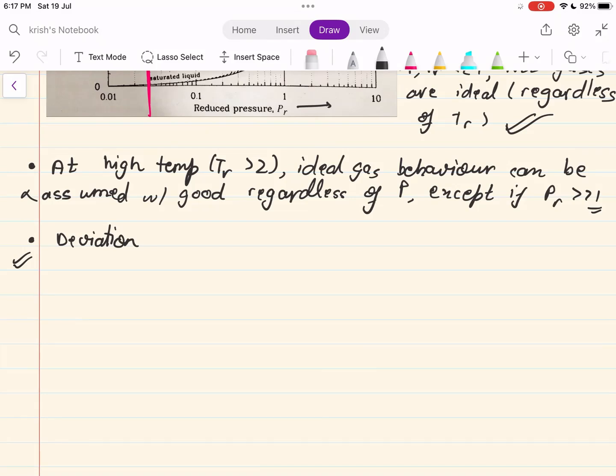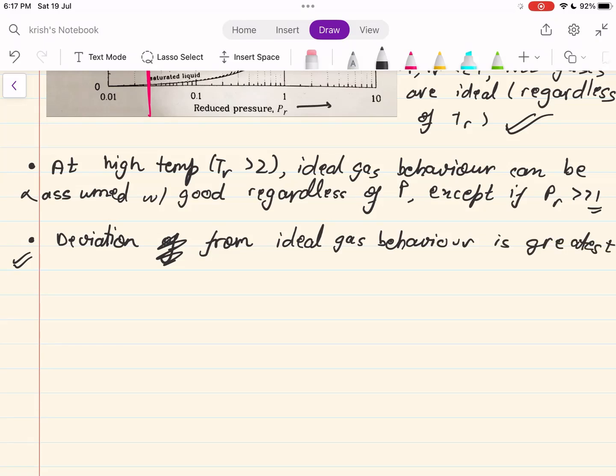Deviation from ideal gas behavior is greatest when pressure and temperature are equivalent to the critical pressure and the critical temperature, or PR and TR equal to 1.